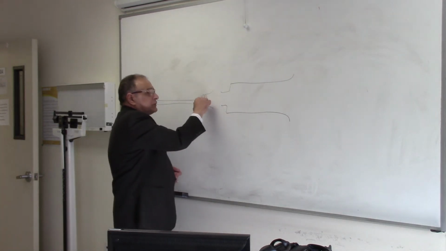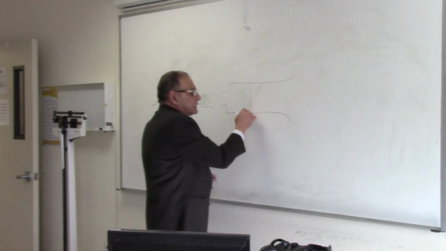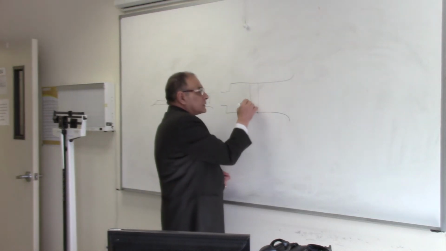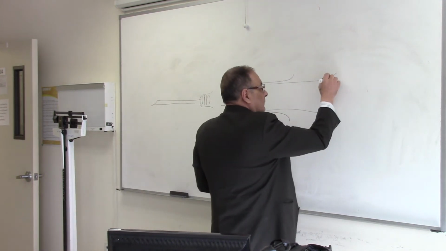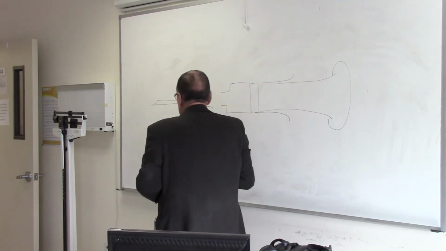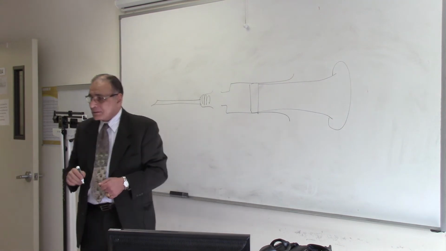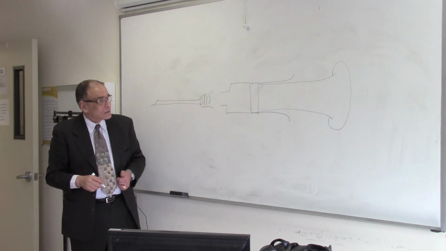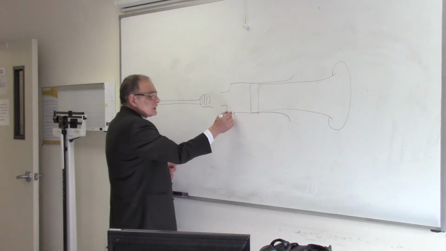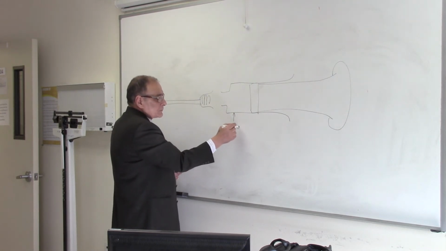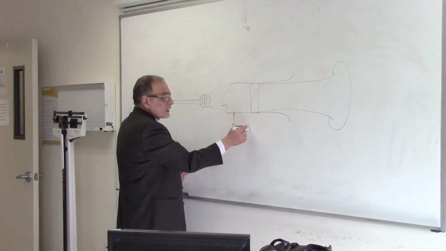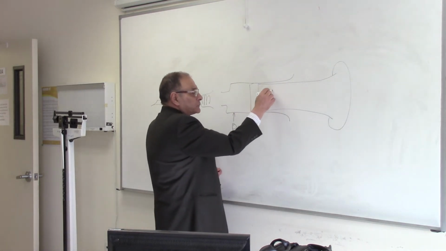These are the parts of the syringe. This part of the syringe is called what? Barrel. Plunger.